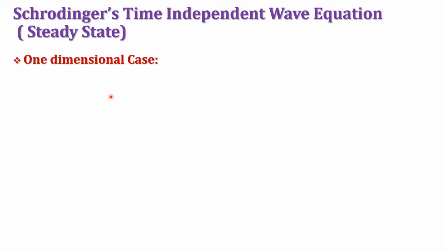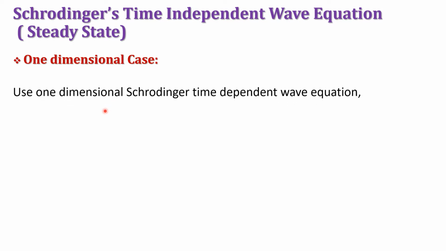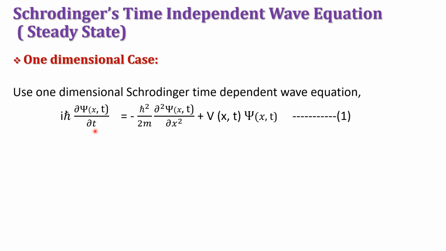That equation we derived earlier, and it is i h cross del psi of x,t by del t is equal to minus h cross square by 2m into del square psi of x,t by del x square plus V of x,t psi of x,t. This is taken as equation 1.